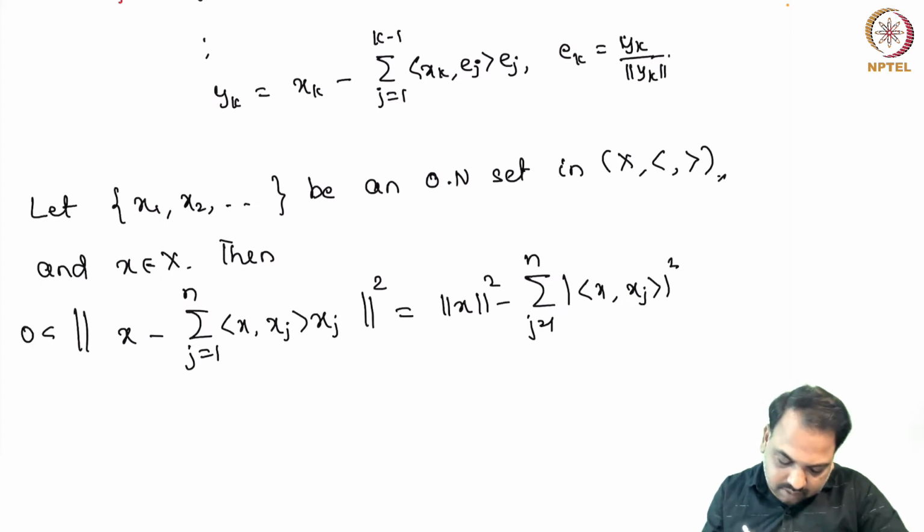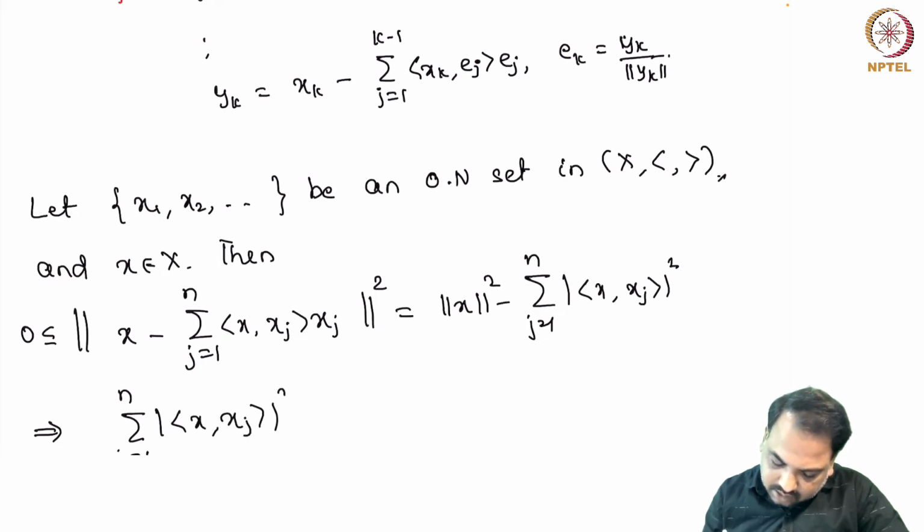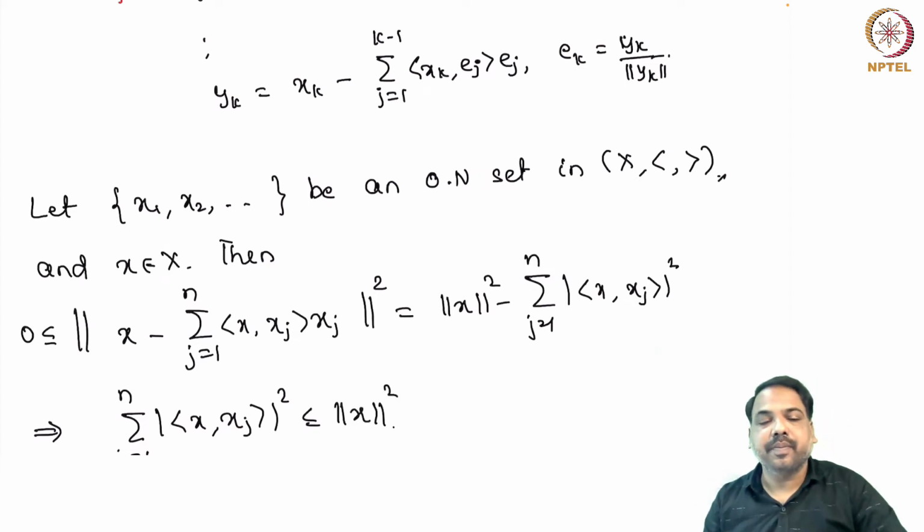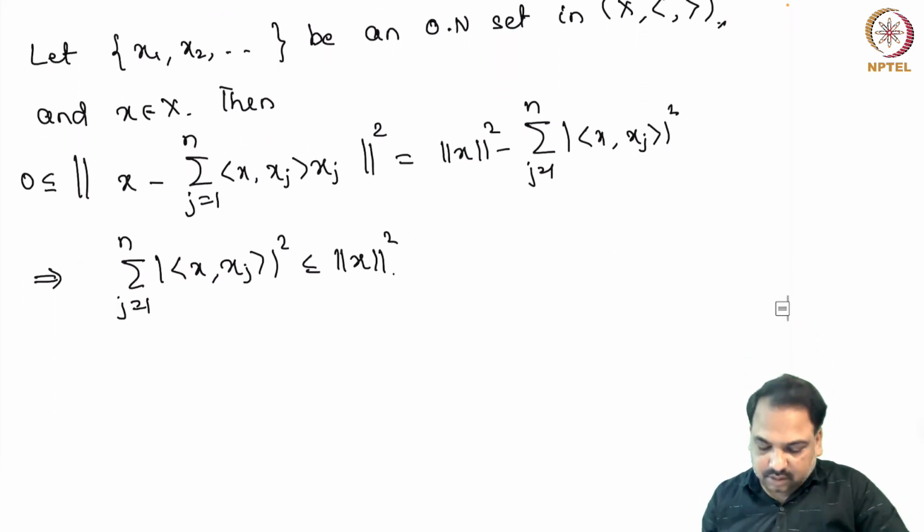We know that this is always positive. So from this we can conclude that summation j equal to 1 to n modulus of inner product of x with xj squared is less than or equal to norm x square. Okay, now this is for any n.